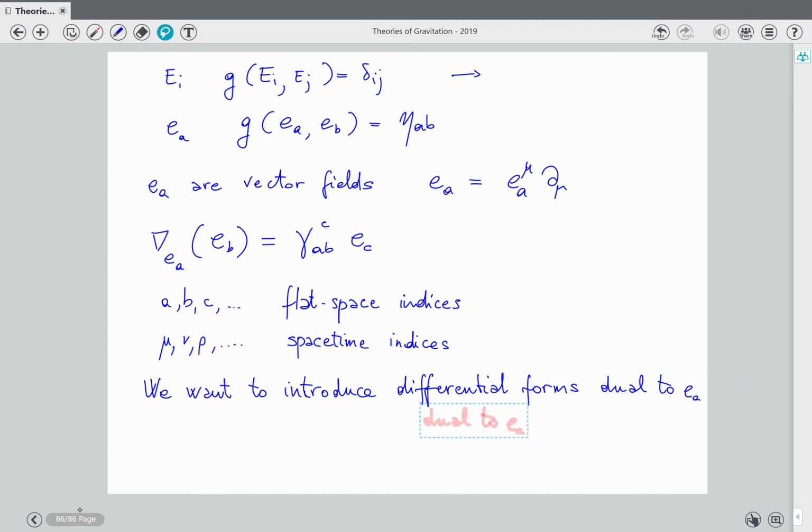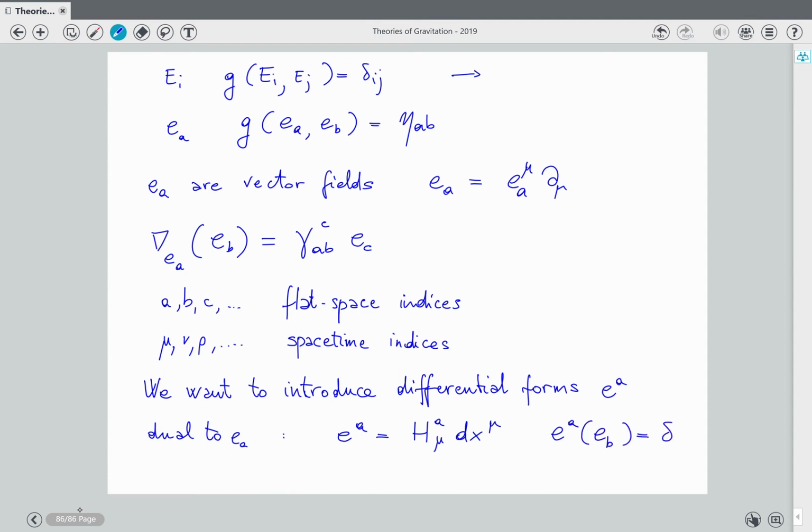And we will call them EA, but indices will be raised. So these will be differential forms, and in the other bases, they will have this expression with some h, a mu, which are functions of x, and we want them to be dual to the vectors, which means that they have to satisfy this.